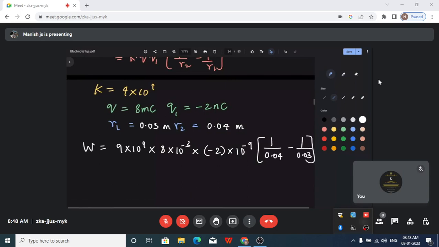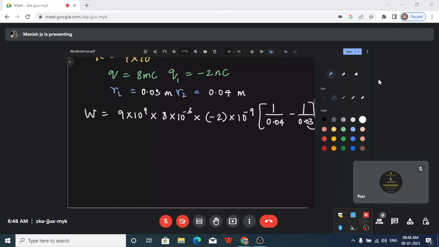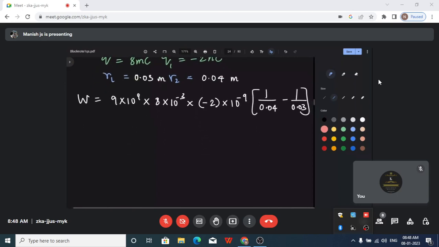அவ்வளவுதான். So simplify பண்ணுங்க. So the simplify பண்ணா what is the value that you're getting? All the powers you simplify. 9 into 8 into 2. அது சொல்லுங்க first.